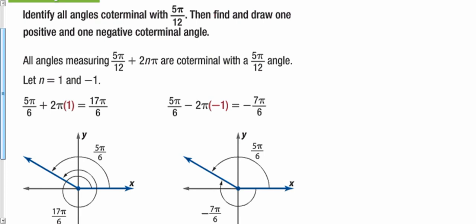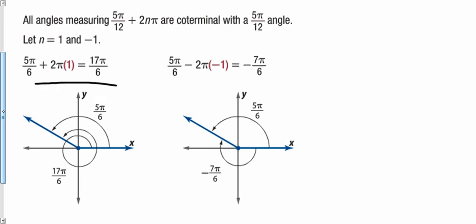If we look at this example right here, we see that we go around the circle once, and then we keep going. My original angle, 5 pi over 6, is that far.